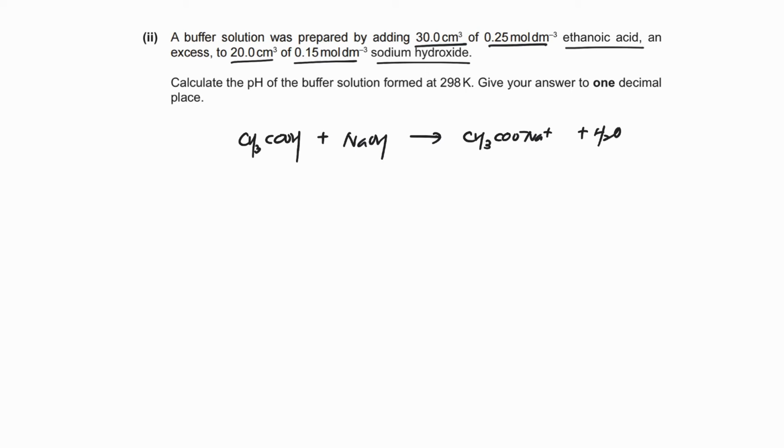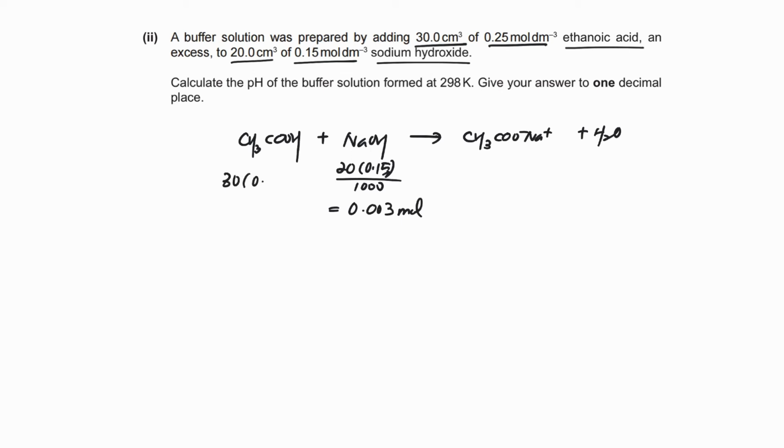With the formula MV over 1000, we can get the mole of NaOH, which is 0.003. And also the same for ethanoic acid.